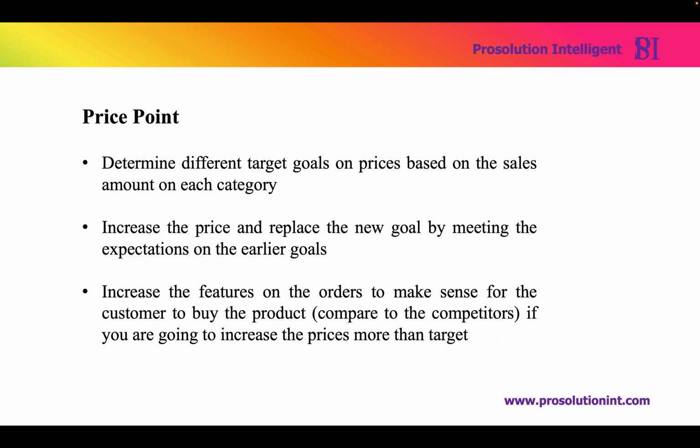If you see that they don't come and don't react, you can increase it to 15%, and then you see what the reaction is. So by trying different kinds of promotions and based on the customer's reaction, you can adjust your price point. Also, you can increase the features on your offers to make sense for the customer to buy your product compared with your competitors, because you have more advantages in your product even at the same price.